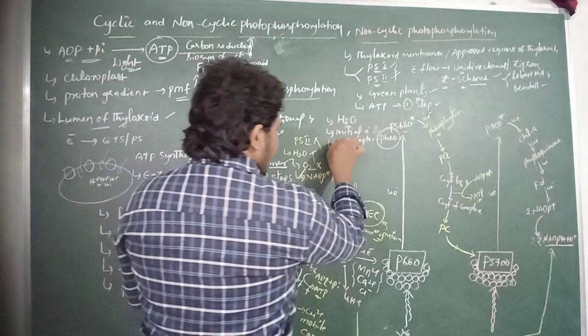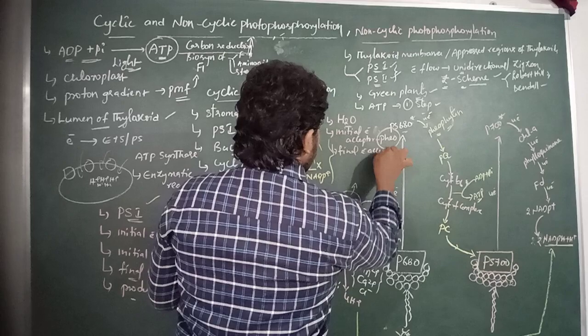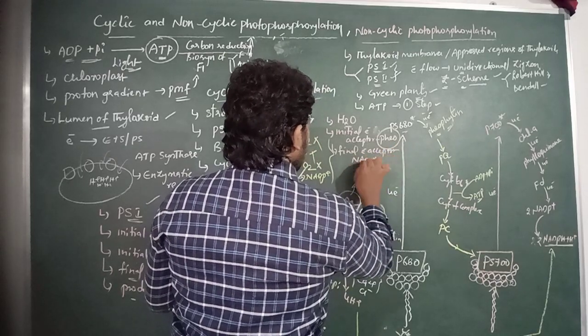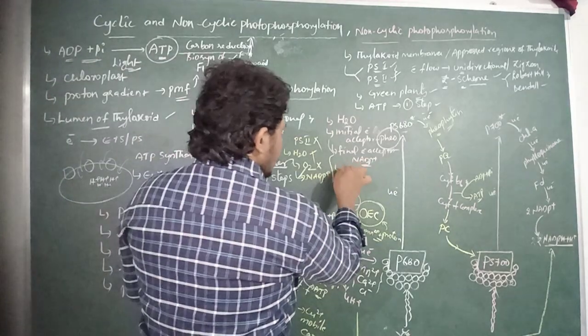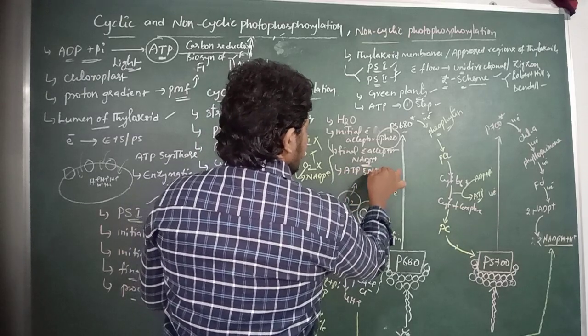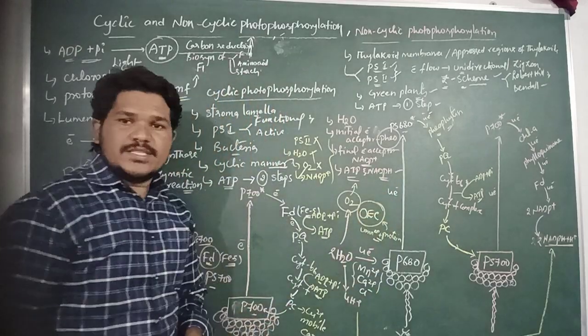And then the final electron acceptor is NADP plus, and the produced products are ATP and NADPH.